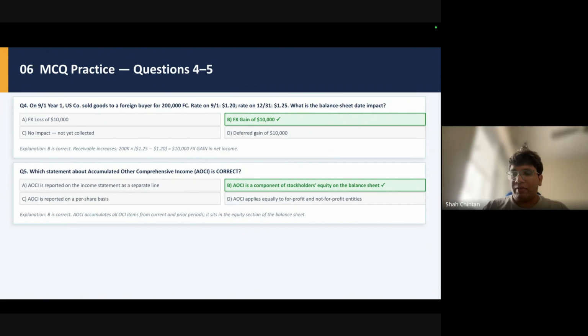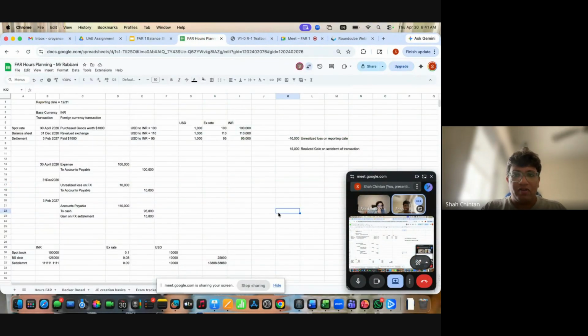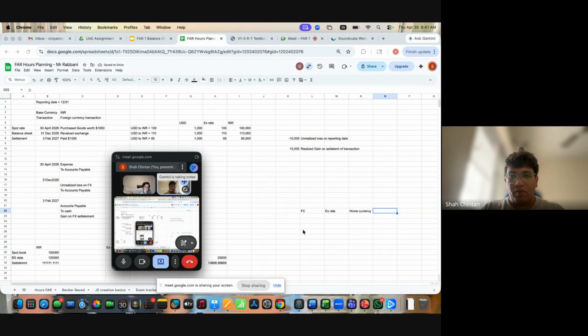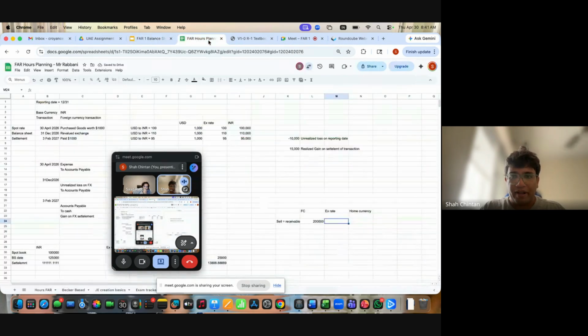See, आपको जब भी फॉरेक्स फॉरेन करेंसी आता है, just prepare one table. So just put like this: foreign currency, what is the exchange rate, and then let's put the home currency or the amount you are going to receive. Now, the question says that you have sold something, that means you have a receivable. 200,000 of foreign currency you are selling, your spot rate is 1.20.